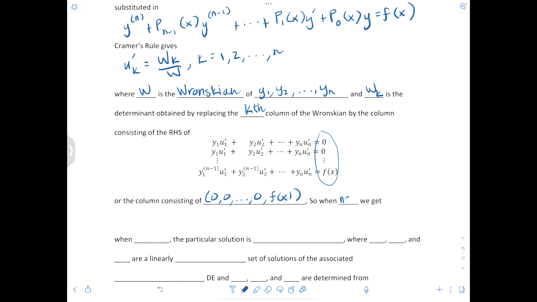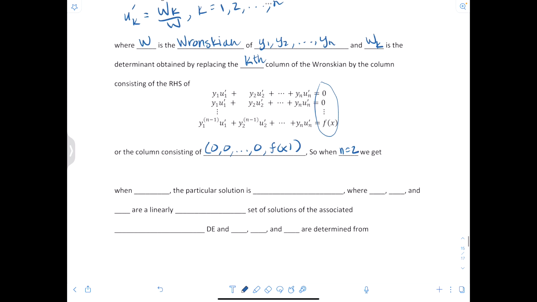So when n is 2, we get that u1 prime, like we were working with, is w1 over w, and then u2 prime is w2 over w.